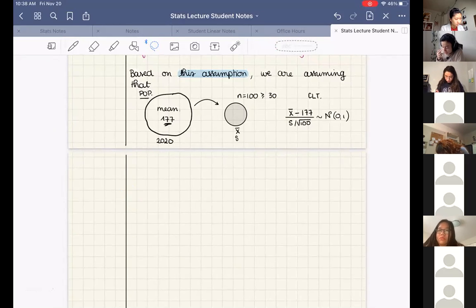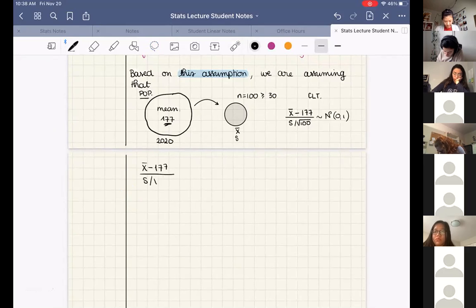Okay, so this follows a normal distribution with parameters 0 and 1, which means that the distribution for x bar minus 177 over s over square root of 100 is going to be a normal distribution.